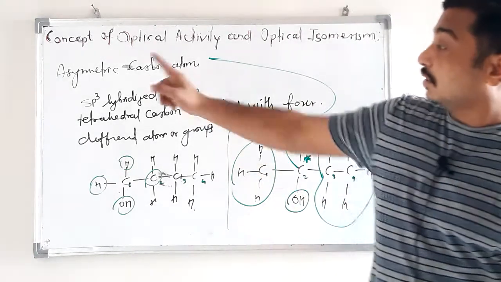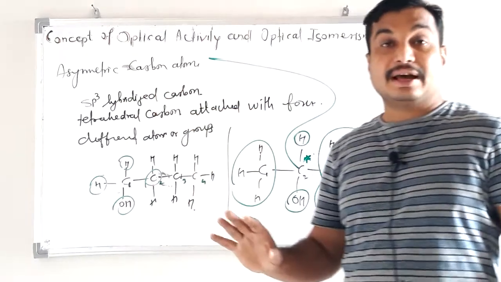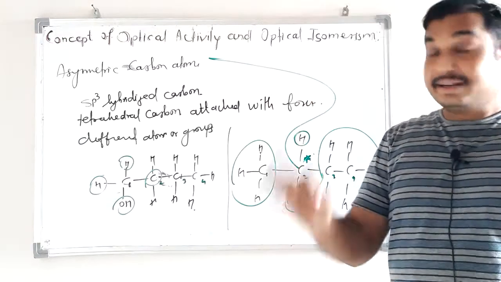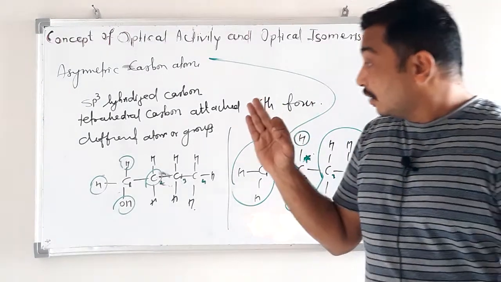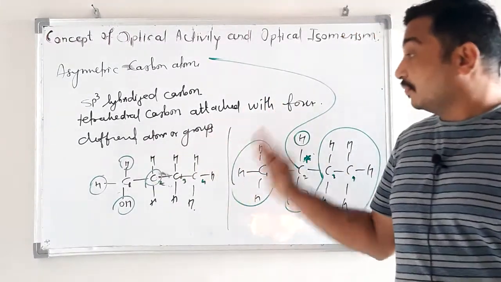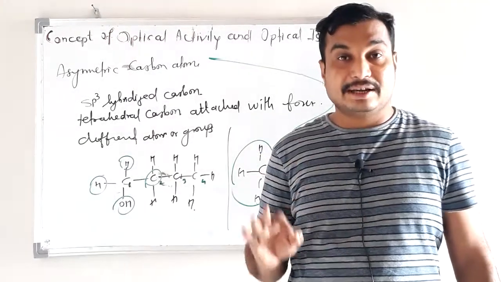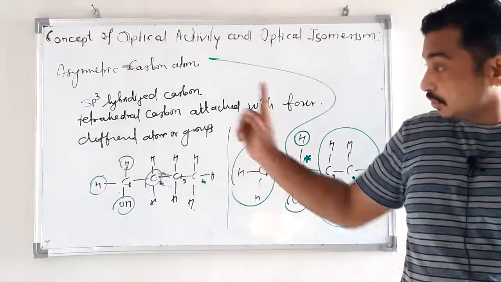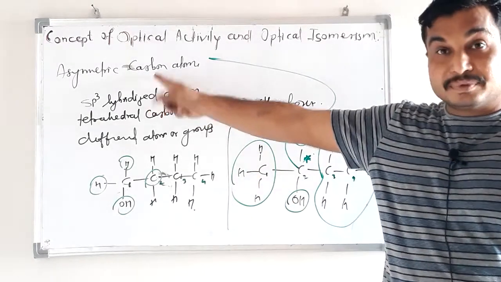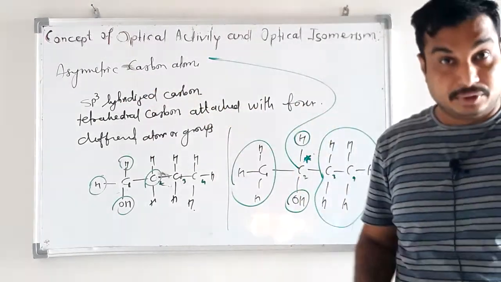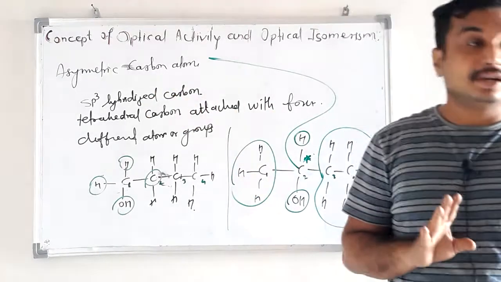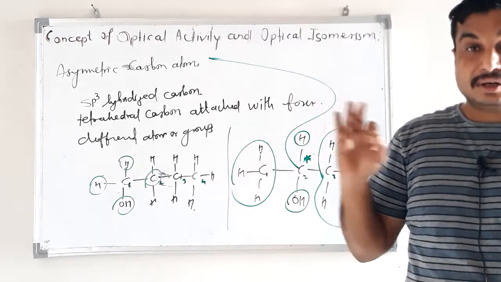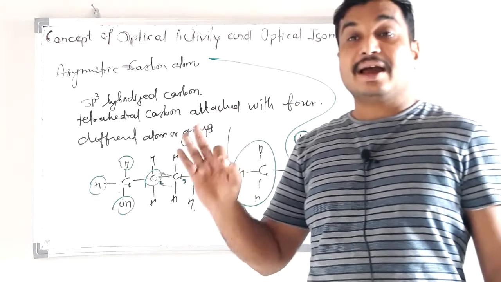Asymmetric carbon atom means an sp3 hybridized or tetrahedral carbon atom which is attached with 4 different atoms or groups. That carbon atom is known as an asymmetric carbon atom. If it is available, then that compound may be optically active. If it is absent, then it is optically inactive. So this is the first condition for a compound to show optical activity.